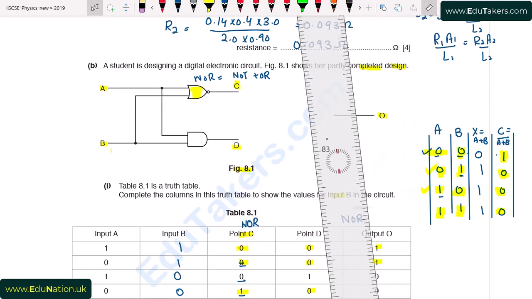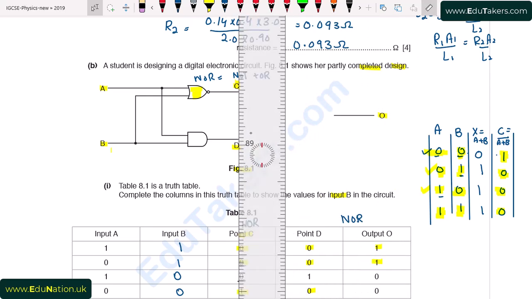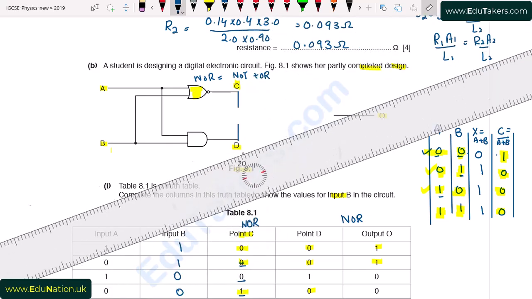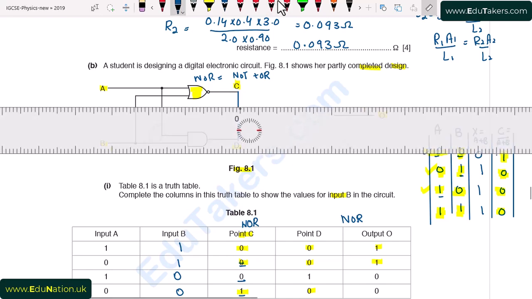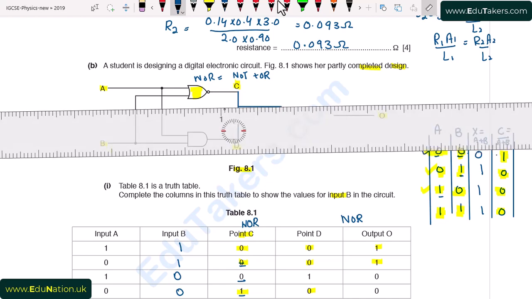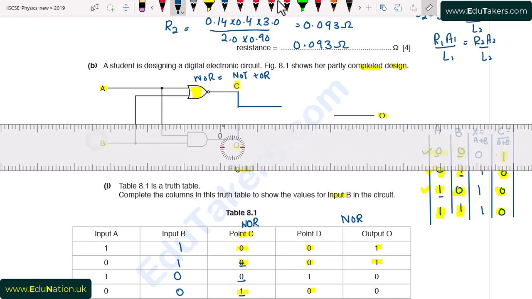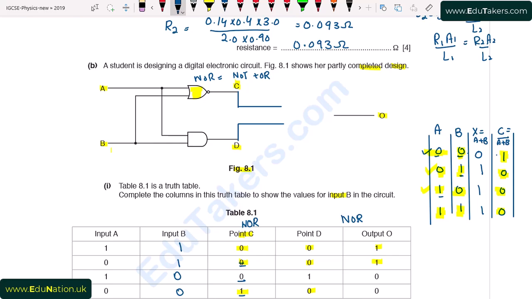So first of all I use a ruler. So here I have to draw the NOR gate.